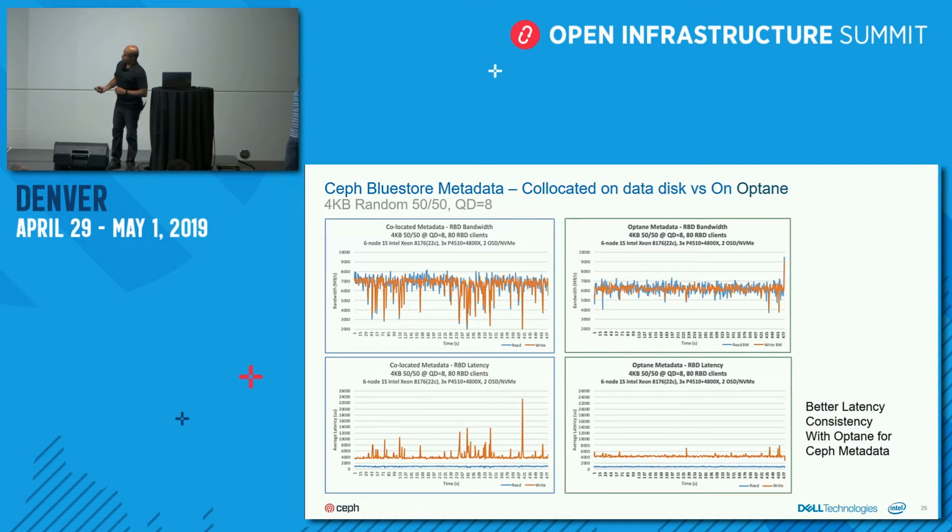What this chart is trying to show is that the left two charts, the top and the bottom, show when you have metadata co-located on a NAND SSD, versus the right two charts where you're using Optane for metadata. As you can see, the latency band is much tighter, which means your 99th percentile or 4/9 latency is going to be much better when you use Optane. This is another thing that we'll introduce as part of the next generation arrays with Dell.